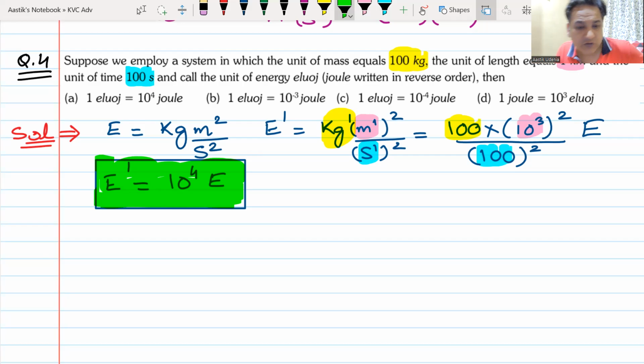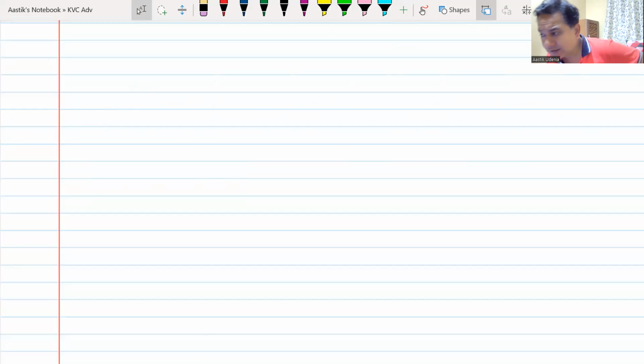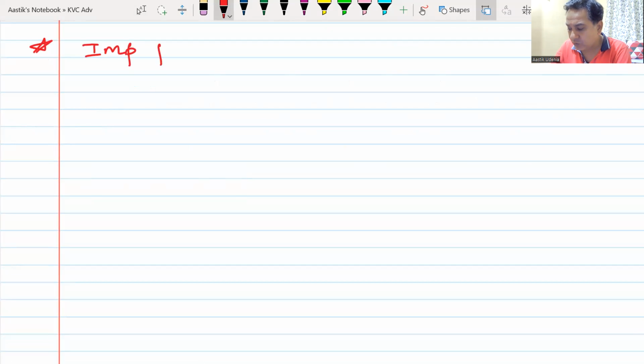But before going on to the next use, let us read and understand some important points about dimensional analysis or dimensional equations that we will have to employ in the questions that are going to come after this. So let me write some important points and I hope everyone will note them down.